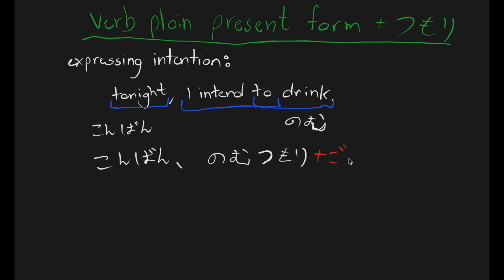Or we can put desu, so tsumori desu. So da is the casual and desu is the formal way of doing the ending. So translating tonight I intend to drink: konban nomu tsumori da or konban nomu tsumori desu. Those are the two ways.